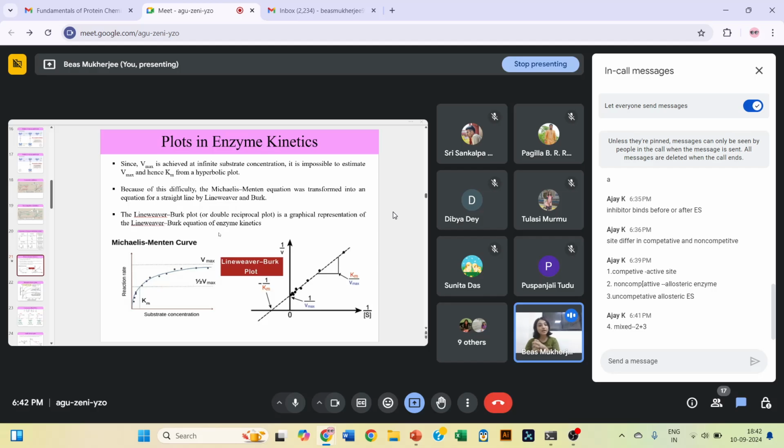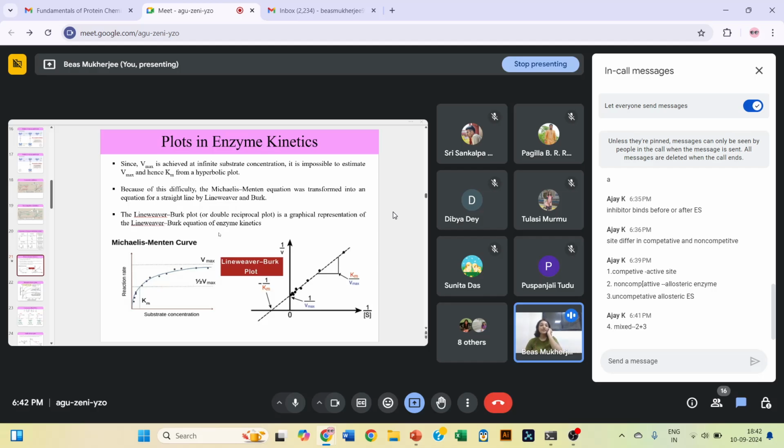Because of this difficulty, the Michaelis-Menten equation was transformed into an equation for a straight line by Lineweaver and Burk. So they gave a plot which is a double reciprocal plot. Why? Because your reaction rate, that is V, and the substrate concentration, that is S, both are taken as reciprocal. So 1 by V and 1 by S are plotted, and the slope gives us Km by Vmax.